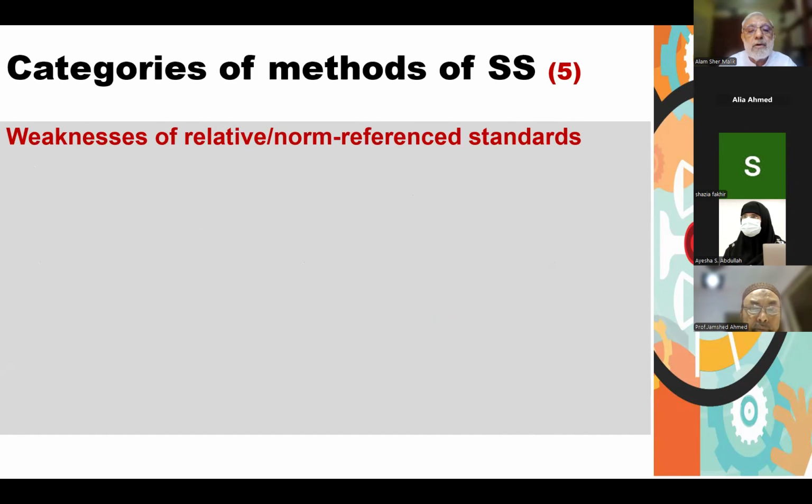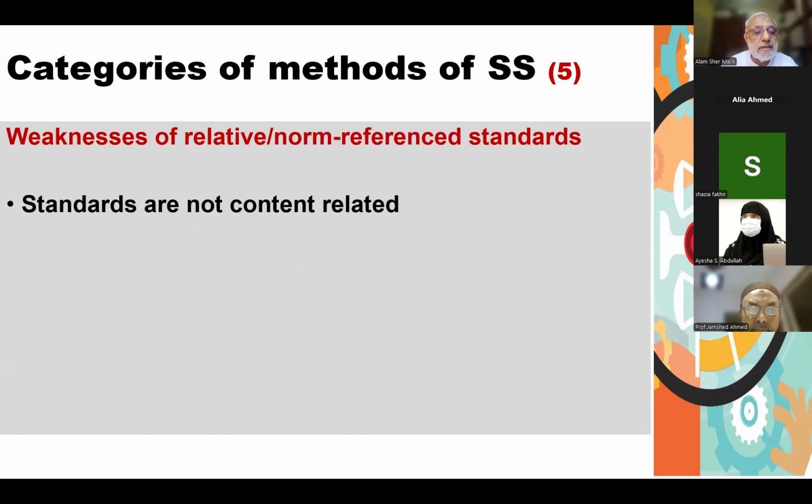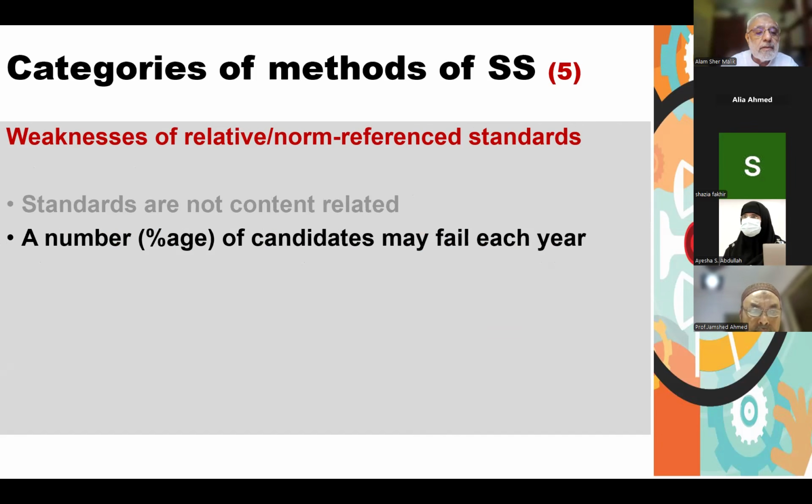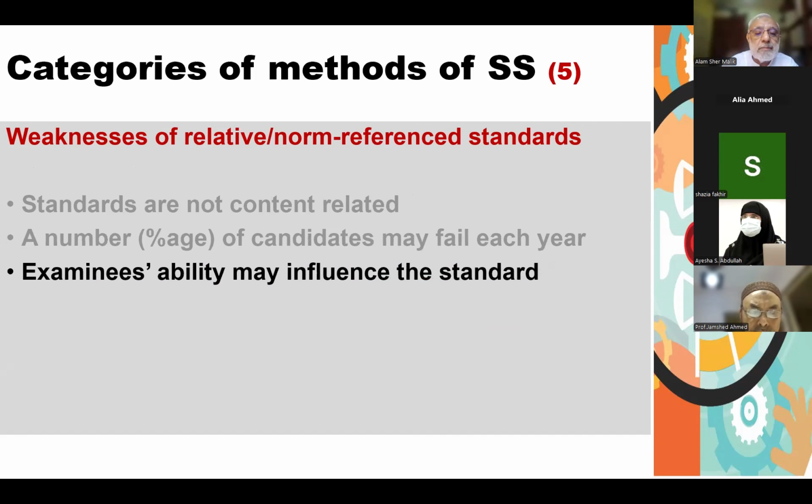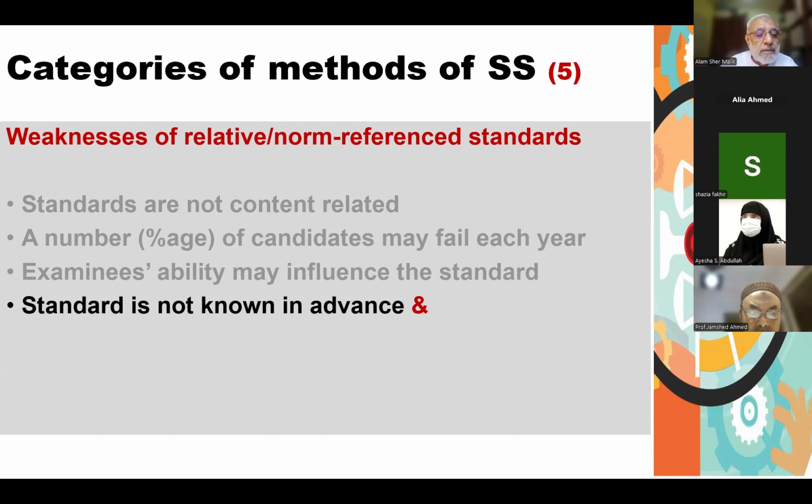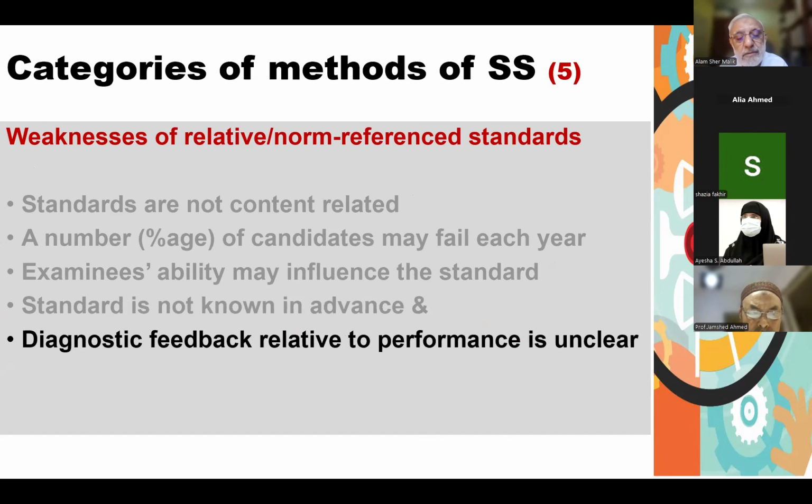Some students would fail the assessment. The weakness of this approach is that standards are not content related. A number of candidates may fail each year. Examinees' ability may influence the standard, obviously. The standard is not known in advance, and there is no diagnostic feedback, so we wouldn't know in which area the students are not performing well.